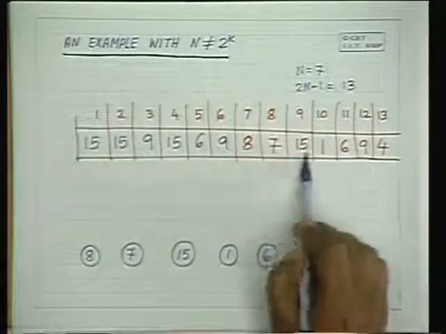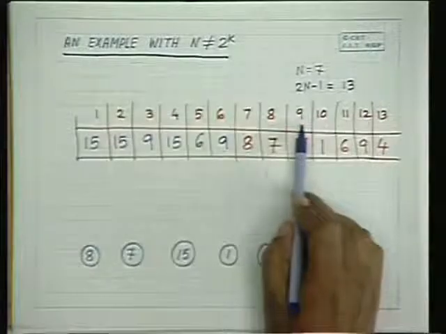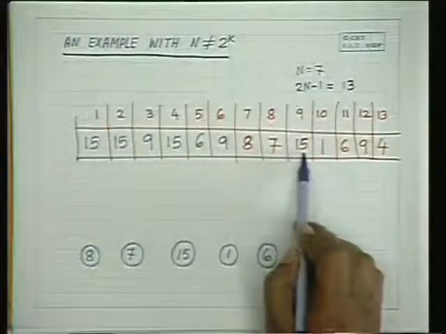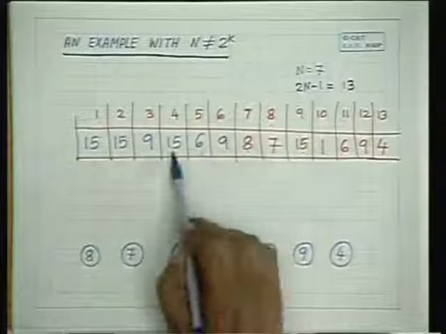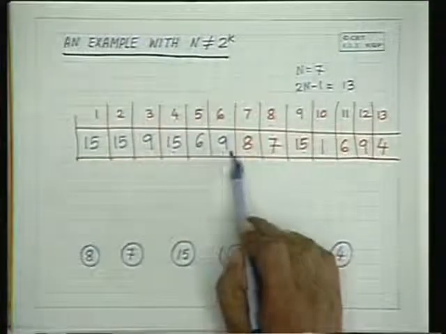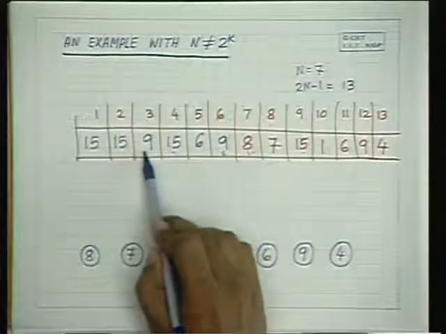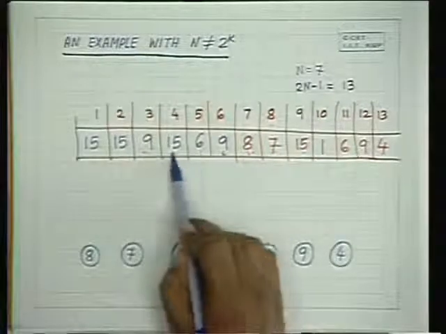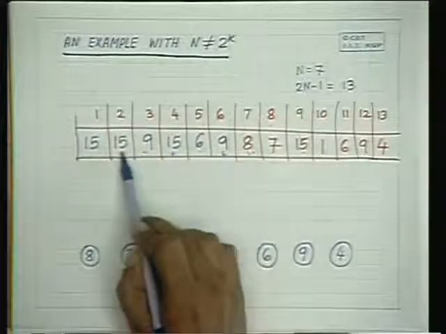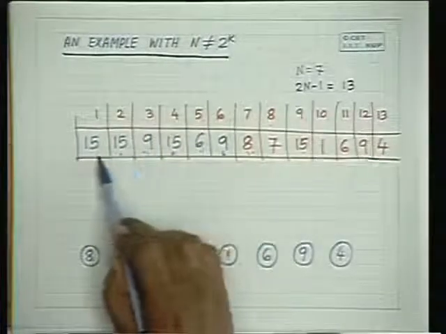Comparison of 8 and 9, that is 7 and 15, the numbers in locations 8 and 9, and the comparison is stored here. The comparison of these two elements in 6 and 7 is stored here. The comparison of 15 and 6 in locations 4 and 5 is stored here. And the comparison of these two is stored here.